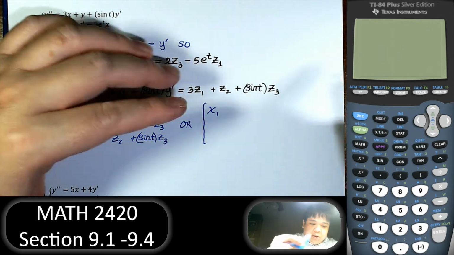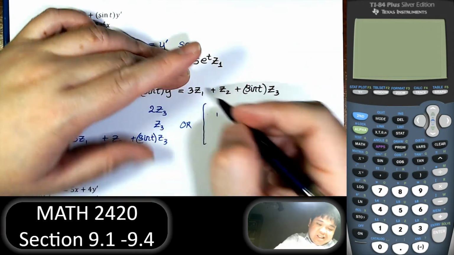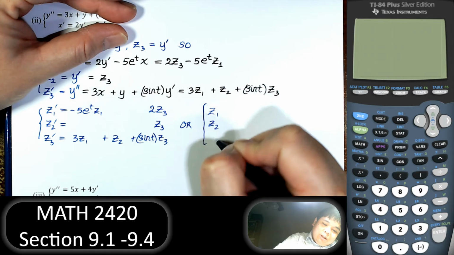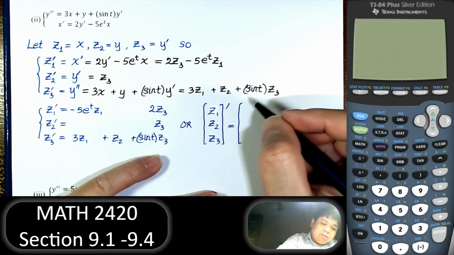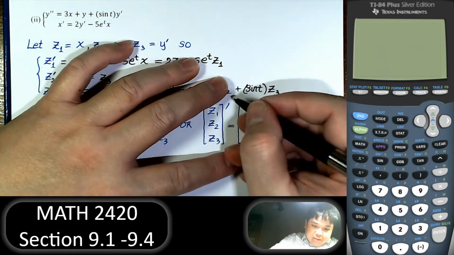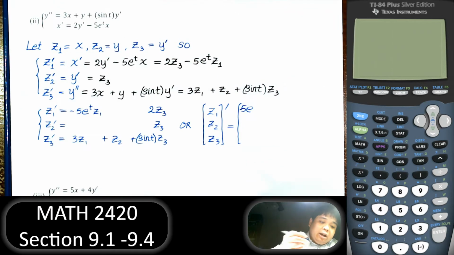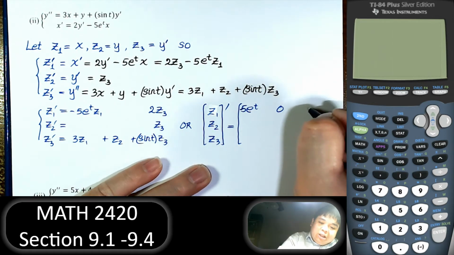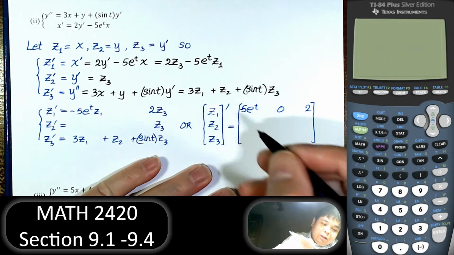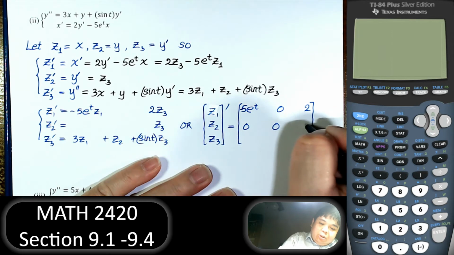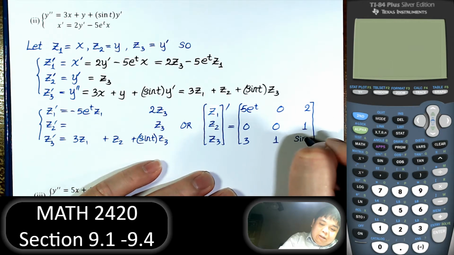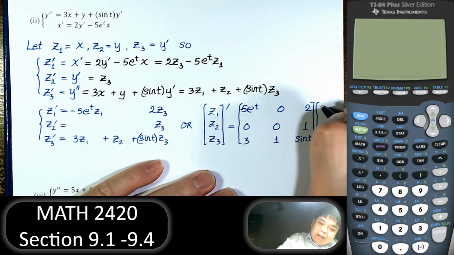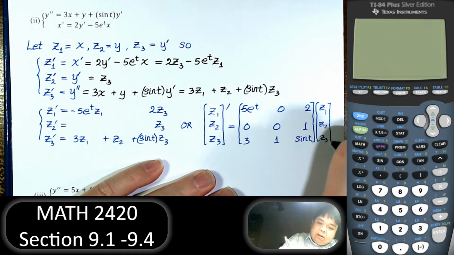We can use x if we want to, but in this problem we use z: z1, z2, z3, derivative equal to negative 5 e to the t, no z2, 2 z3; 0 z1, 0 z2, 1 z3; 3 z1, 1 z2, sine t z3; and then we have z1, z2, z3 on the other side.